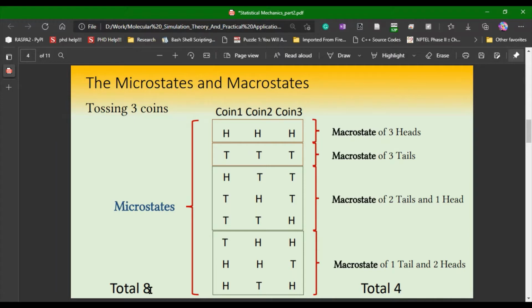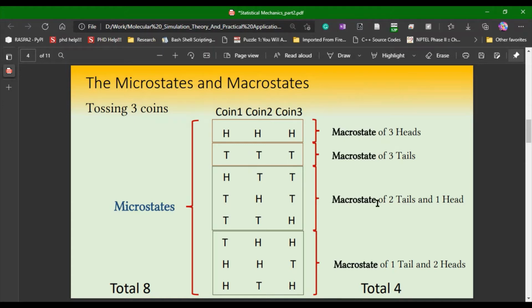So what is a macrostate? A macrostate is something that we can observe on the macro scale. For example, if you say that I only want one head, that defines a certain system, and then you see that there are 3 possible outcomes that have only one head. So this becomes the macrostate of 2 tails and one head, right?